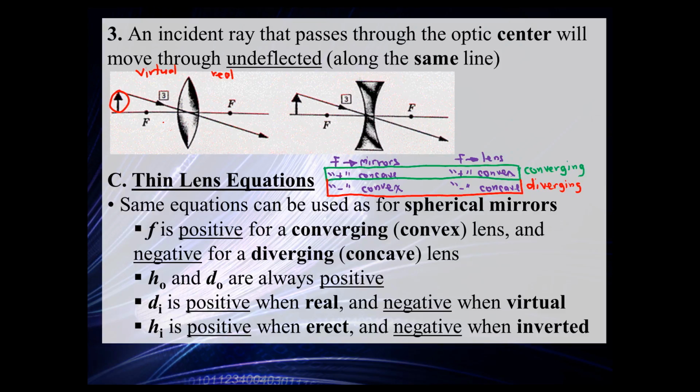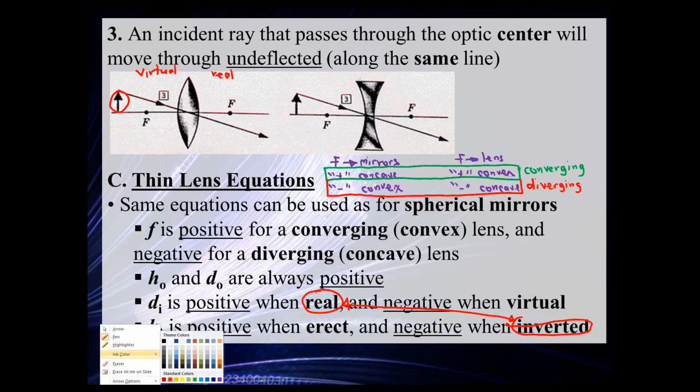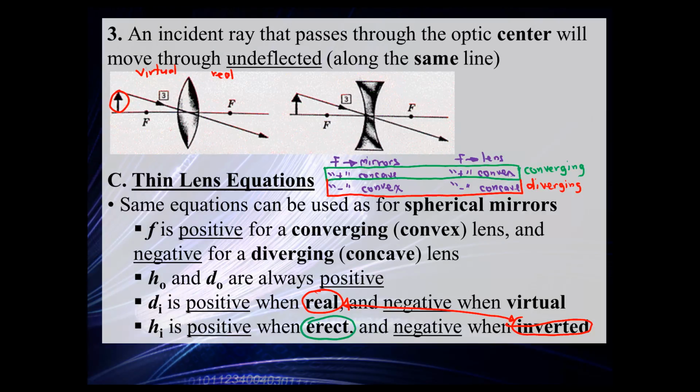HI is positive when erect, and it's negative when inverted. And you'll see this when you go through the hand-in assignment that the same combinations have to occur. Even for a lens, if an image is real, it must be inverted. And if an image is erect, it must be virtual.